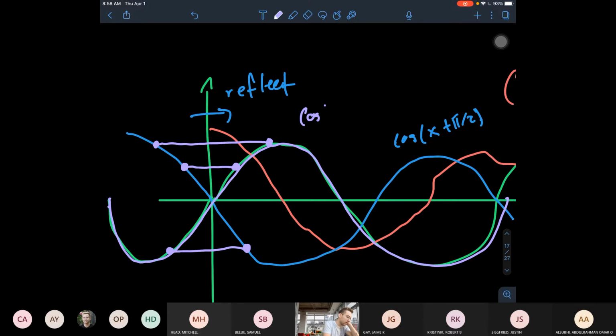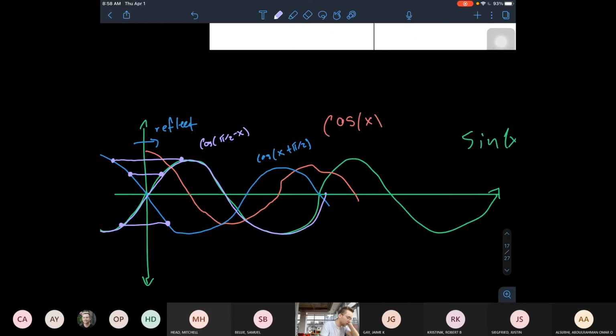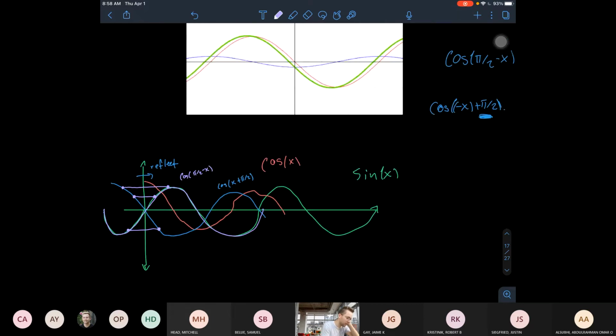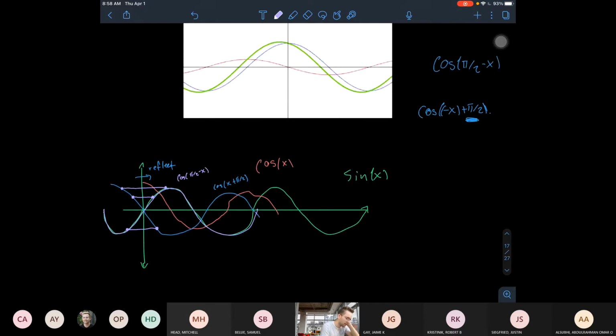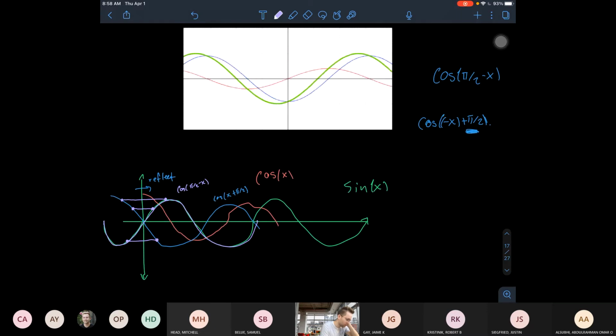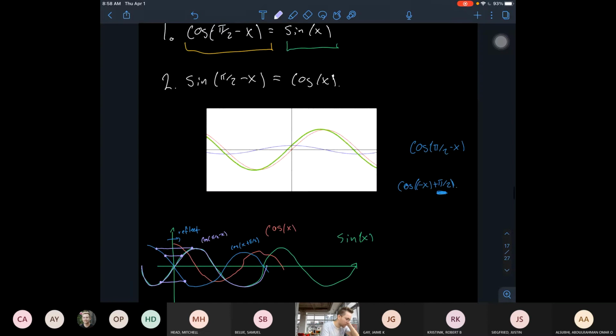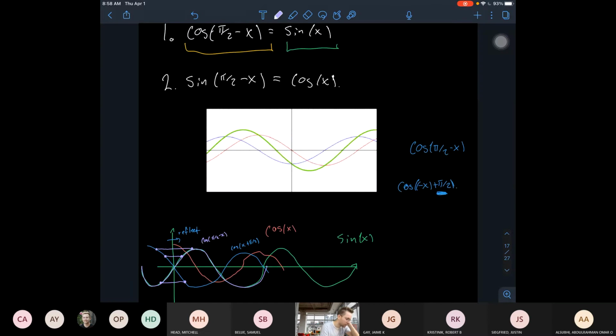So this is cosine of pi over 2 minus x. Hopefully these colors make it clear enough. This is supposed to show you the order of the transformations here. And we can see that if we apply these transformations to the cosine function, we get a function which is basically overlapping with sine of x.